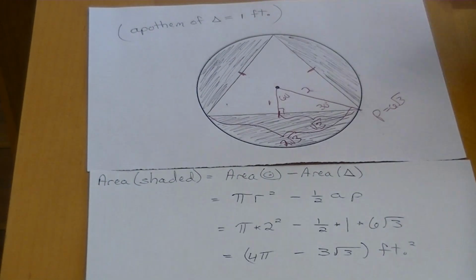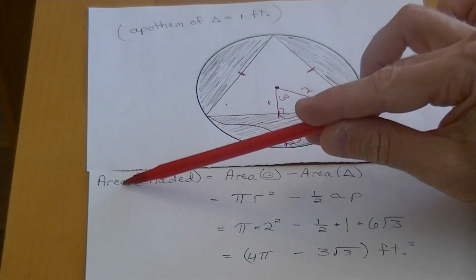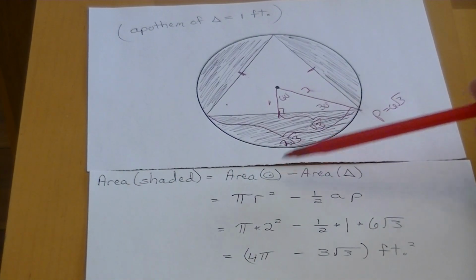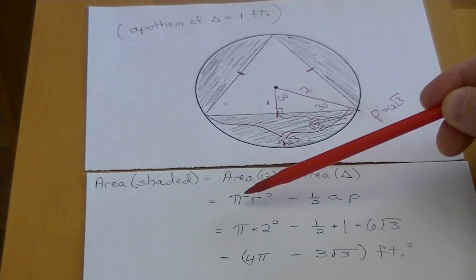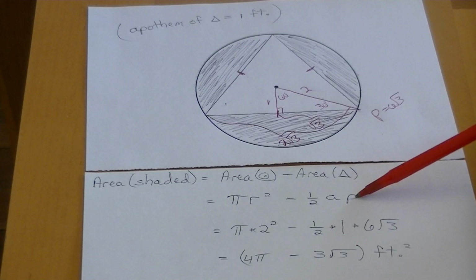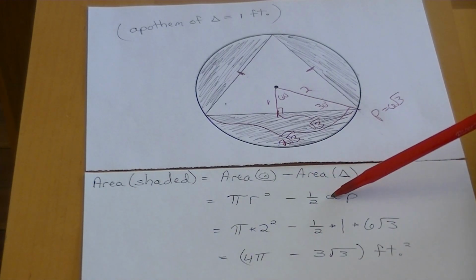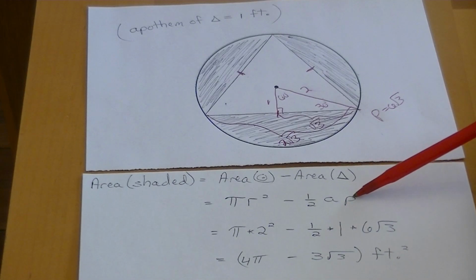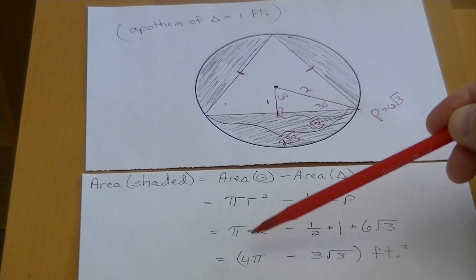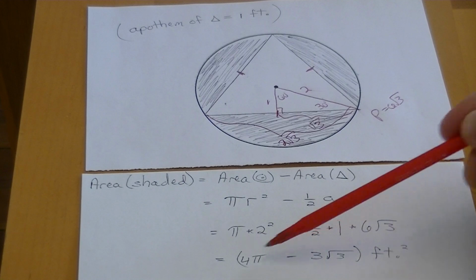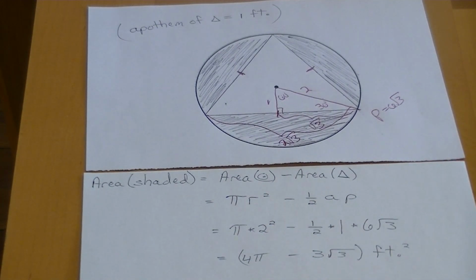If we were doing the area of the shaded region, that would be circle minus triangle. So pi r squared minus half a p. And I just showed you the radius is 2, the given apothem is 1, the perimeter of the triangle was 6 root 3, so when you simplify each one, here's the area that is shaded.